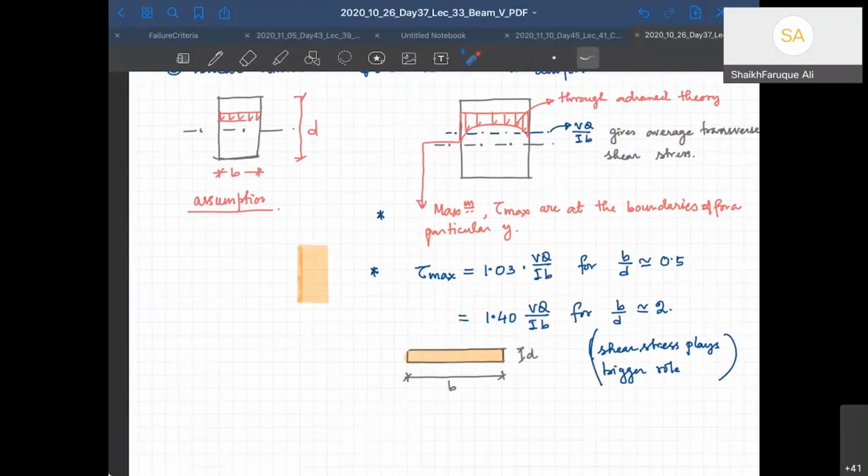Yeah, another assumption is that for a non-rectangular boundary also, there can be issues with respect to the shear stresses, right?